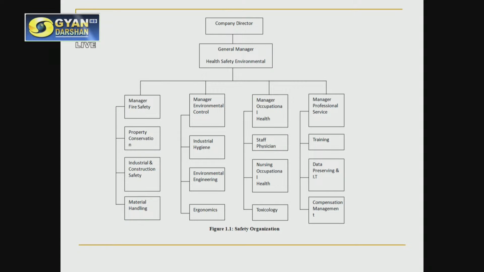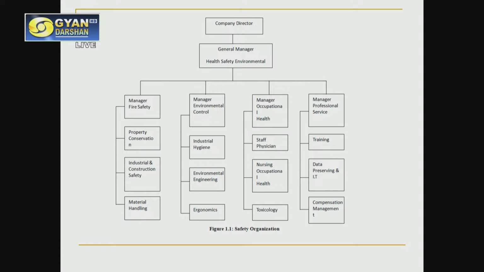The safety manager handles fire safety, property conservation, industrial construction safety, and how material handling should be properly done. The manager of environment control deals with industrial hygiene and health and various environmental factors, as well as environmental engineering and ergonomics.